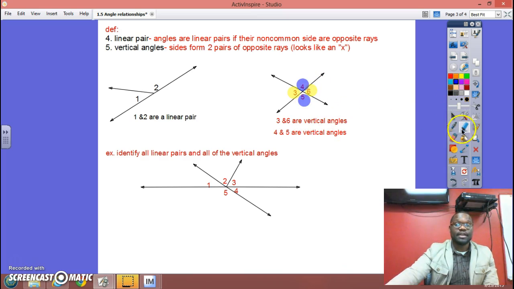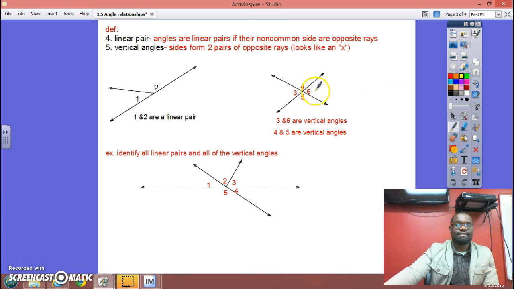Now, a linear pair would be those two. Those would be a linear pair, and I'm using my mouse, so I'm terrible. And those two would be a linear pair.